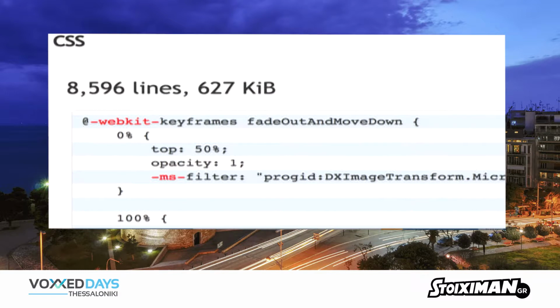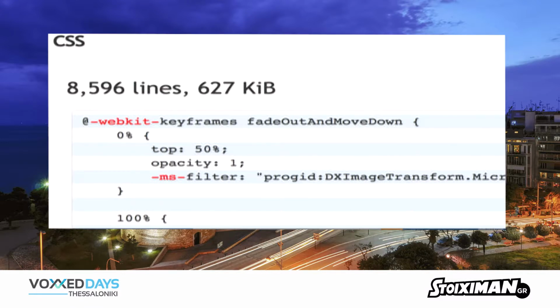So this was part of their CSS. Can anyone see what's wrong with this CSS? Inside their WebKit keyframe, which is targeted to Blink and WebKit devices, right? Which you no longer need because all WebKit now supports unprefixed.